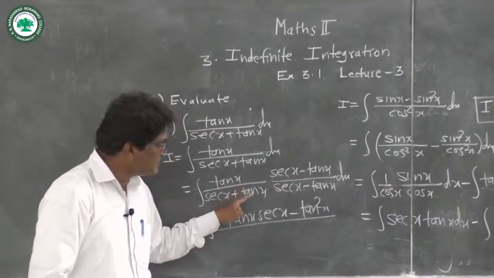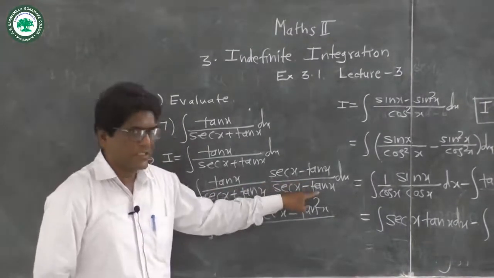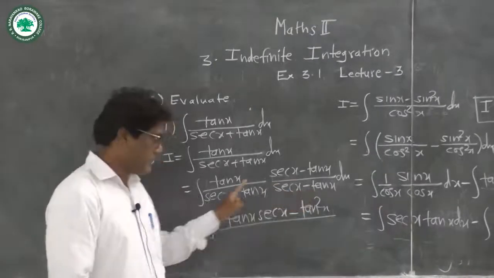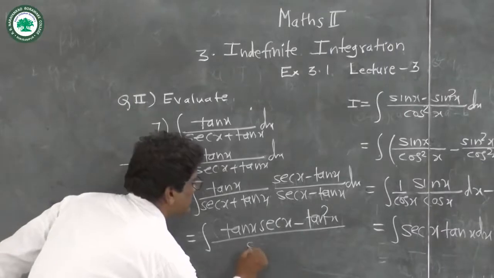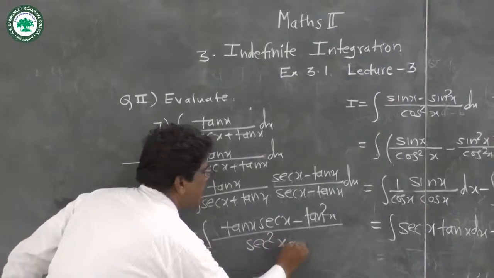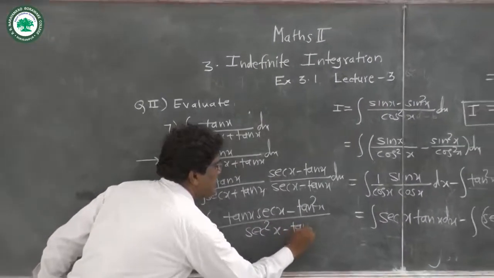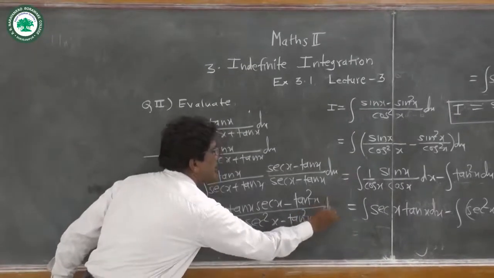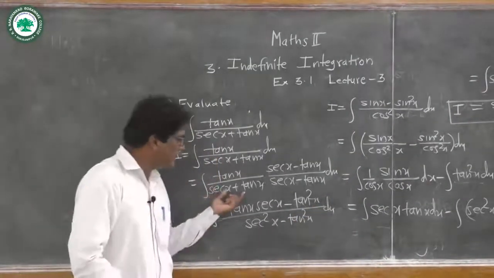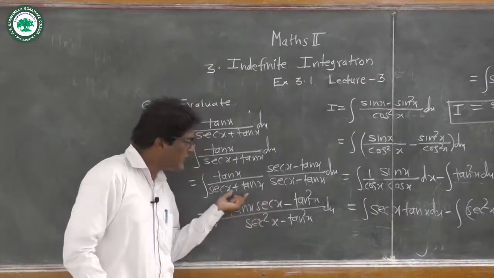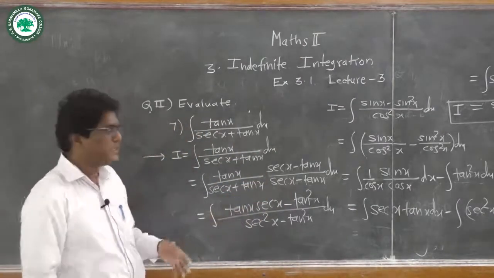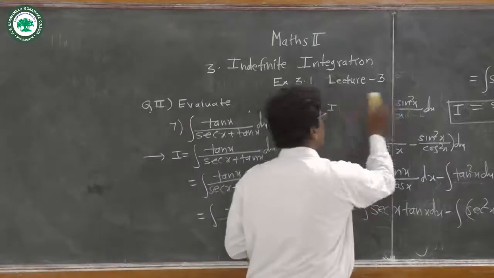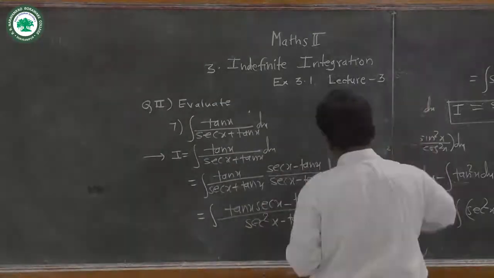So a plus b, a minus b, use formula, and it is a square minus b square. So sec square x minus tan square x dx. Only we take the multiplication of these two brackets using the formula a plus b into a minus b equal to a square minus b square.